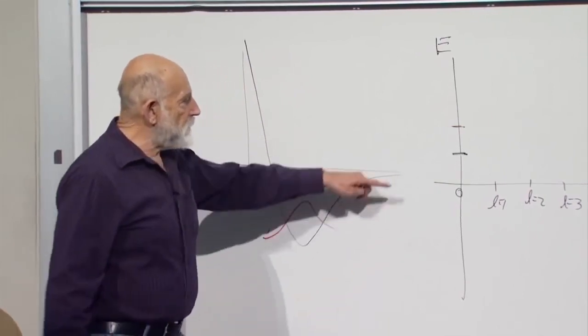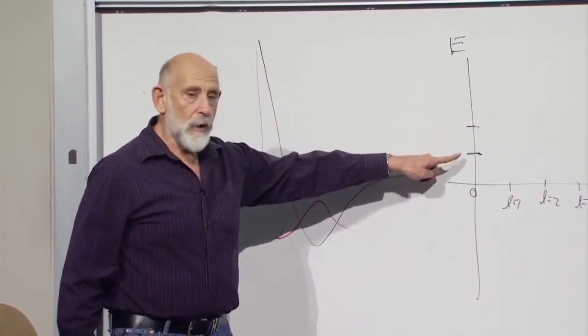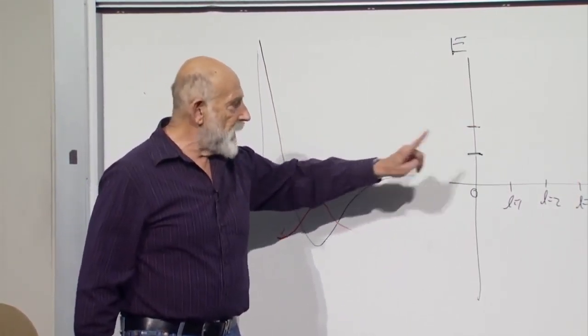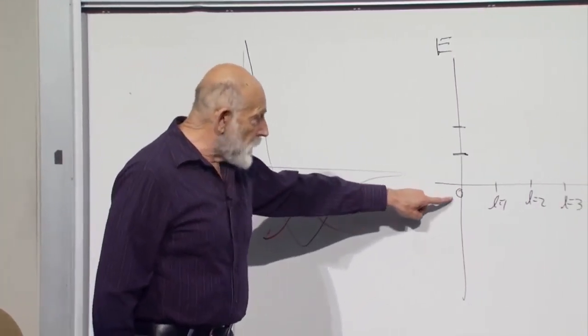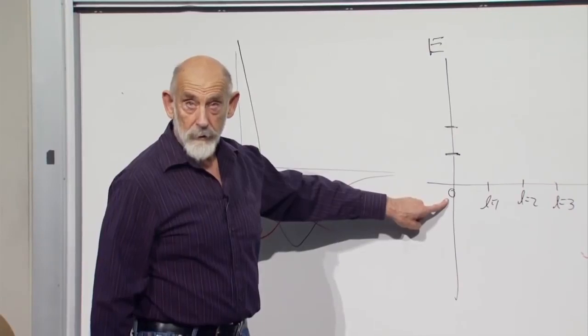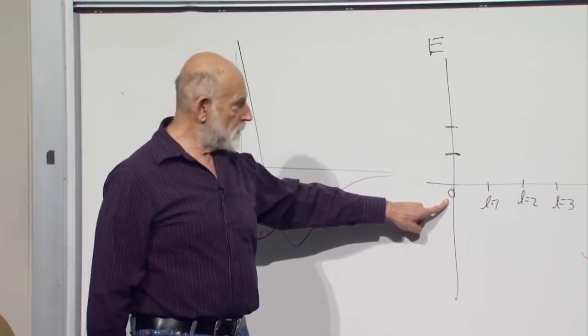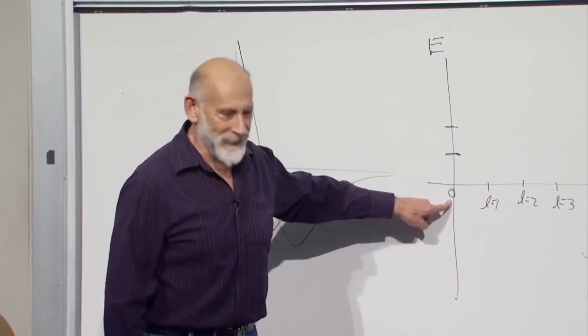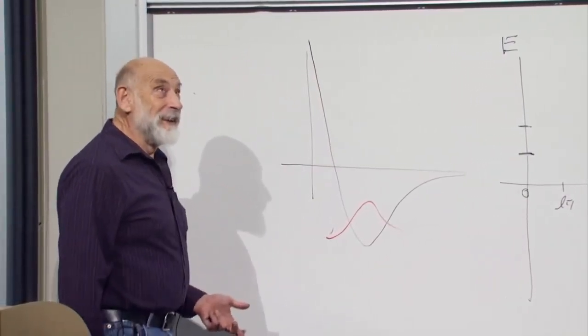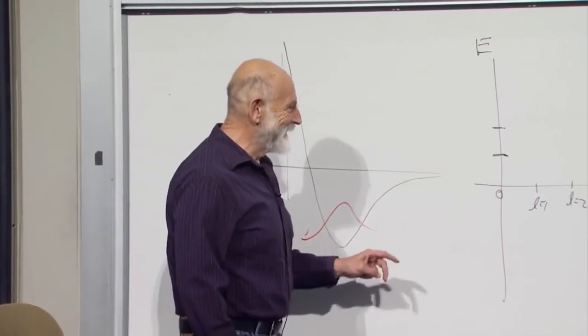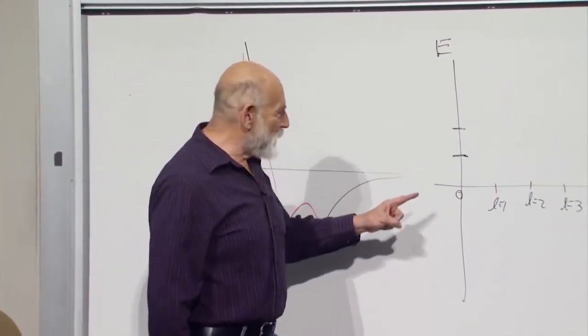How many states are there for L equals 0? Each case has one state. L times L plus 1 is 1 when L is equal to 0. Is that right? No. 2L plus 1 is right. 2L plus 1 is 1.